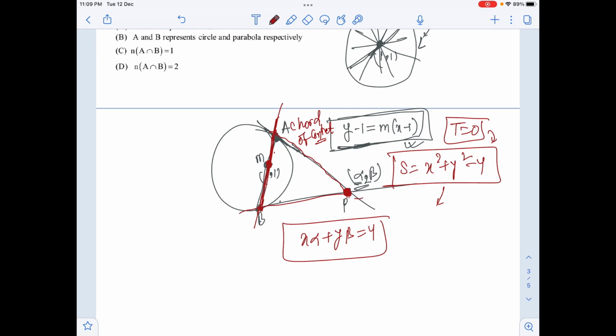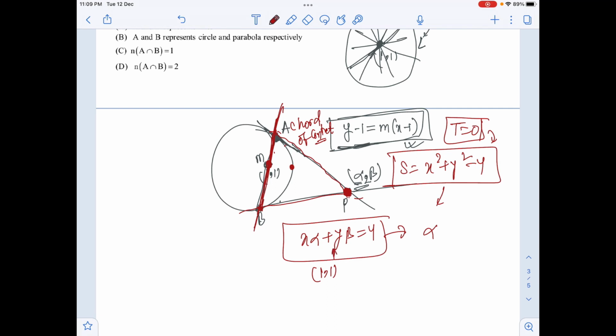It's like we are drawing tangents in air, and that point P is not even on the circle. Then how are you writing a tangent equation? And that's the beauty of chord of contact. You are doing some nonsense and it gives you the answer for this chord directly, without solving for tangents.